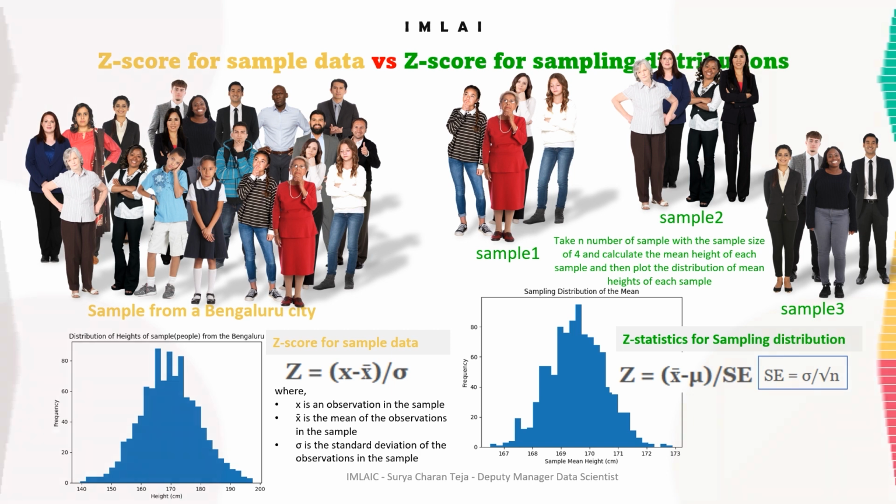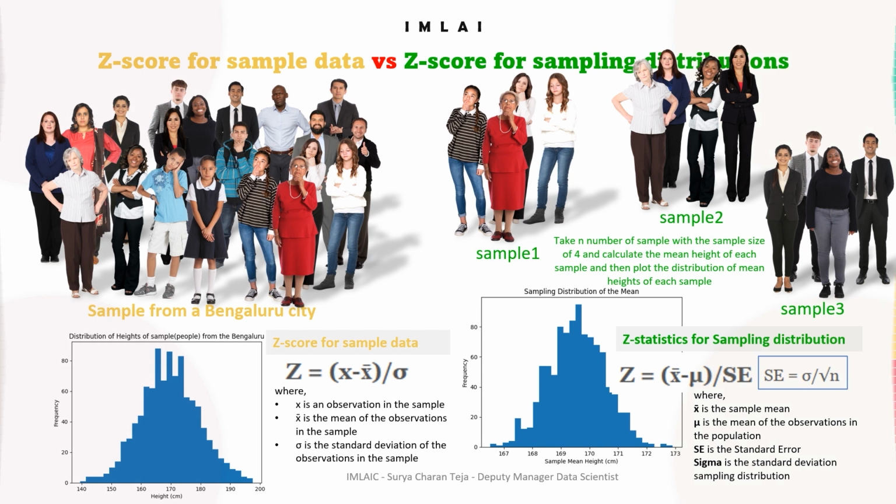And x bar is, we have a lot of samples, the mean of any one of those samples. And it is divided by standard error. So the population mean is denoted by mu, the sample mean is denoted by x bar, and SE is the standard error of the sample mean. The standard error of the sample mean can be calculated as sigma divided by square root of n, where sigma is the standard deviation and n is the sample size.